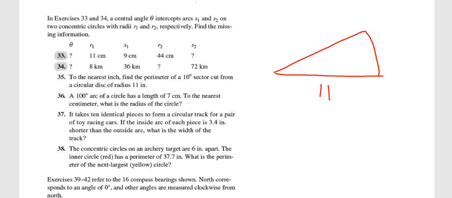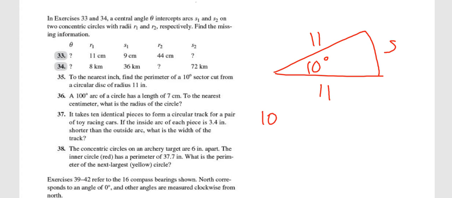Radius 11, 10 degrees. And we want to find the perimeter. So that's the arc length. Oh, wait a second. They're asking for the entire perimeter of that section? Oh, so we do have to find the arc length, but it's more complicated than that because then we have to add both of the 11s in.